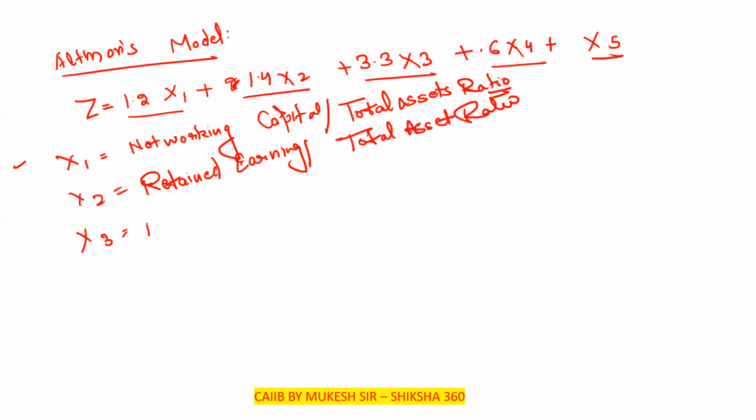Next, x3 is earnings before interest and taxes, EBIT, upon total assets ratio.